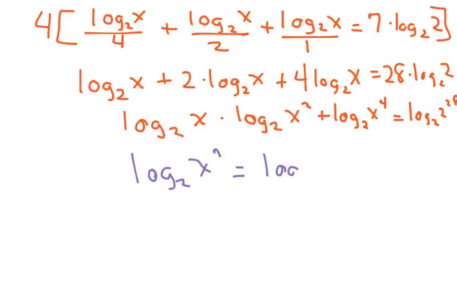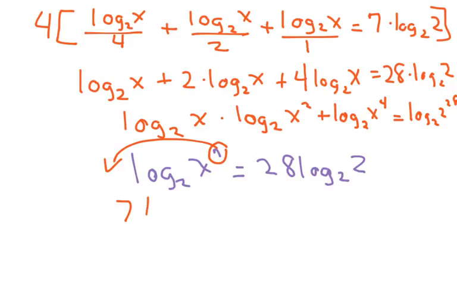To make it simpler, I'm going to write this as 28 log base 2. You don't have to. I'm just going to do it for now. Because what I'm going to do is go back and use my power property and put the 7 in front.